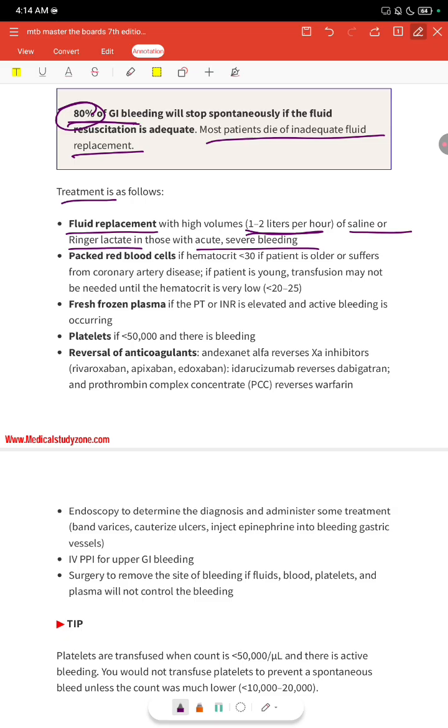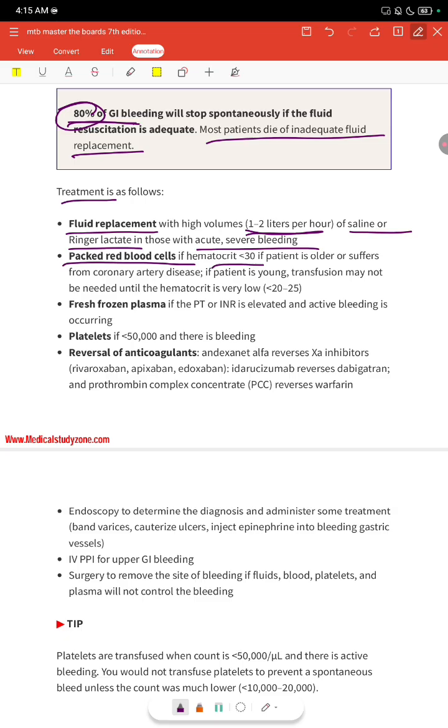Packed RBCs. If hematocrit is less than 30, if the patient is older or suffers from coronary artery disease. If the patient is young, transfusion may not be needed until the hematocrit is very low. So in older patients, if hematocrit is less than 30, go for packed red blood cells.